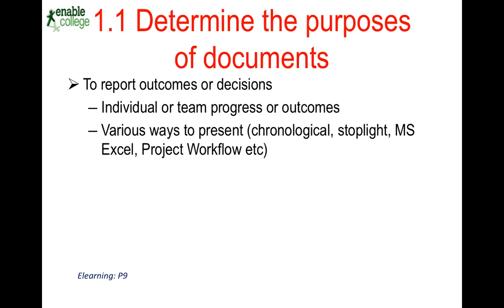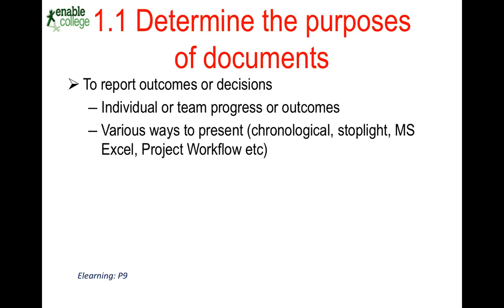I know in projects, stoplights are used a bit, which is a very quick visual representation of the status of different projects or activities. There'll be a line saying, for example, generation of new procedure, and there'll be green, orange, or red beside it, which represents a stoplight.